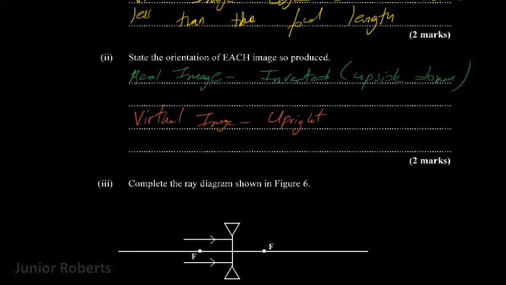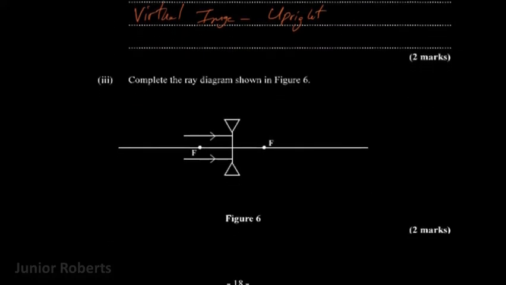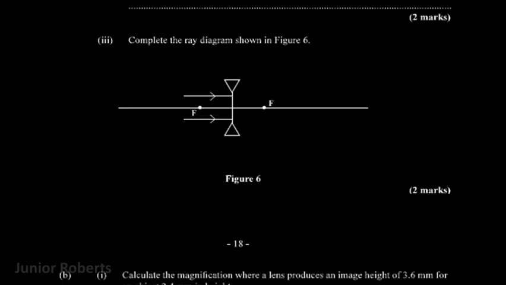This question says we are to complete the ray diagram for the figure shown below. Here we have a converging lens, and we have our light rays meeting the lens. Because the converging lens converges light rays to a point, that point is known as the focal point, which we see labeled here as F and F. The focal point will be on both sides of the lens.